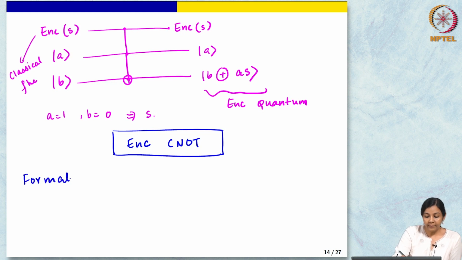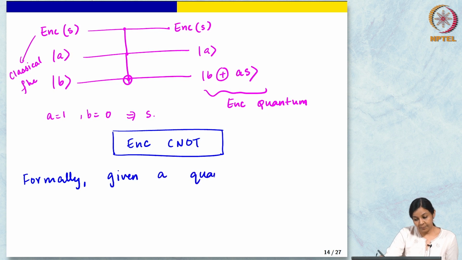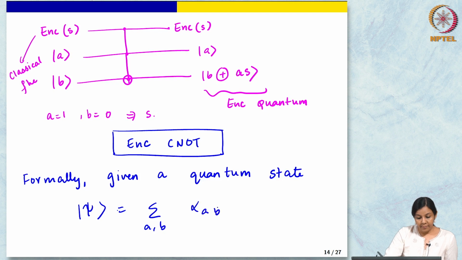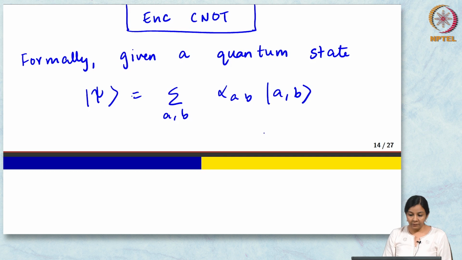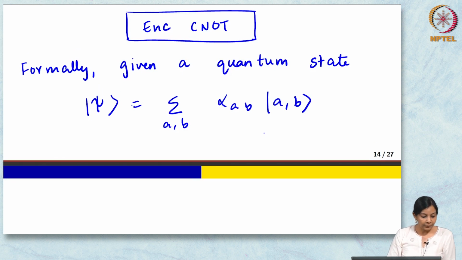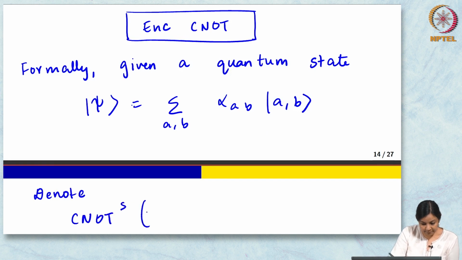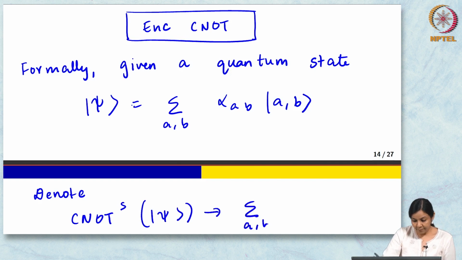Formally, given a quantum state, so we are given this state, and let us denote C naught S psi as this.